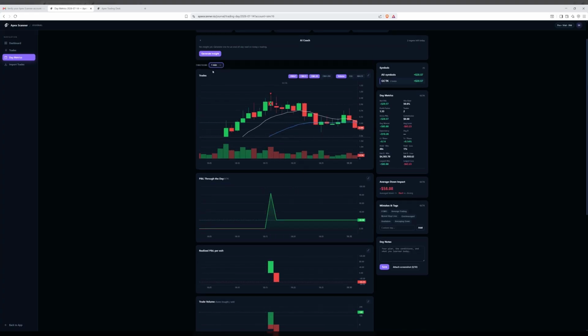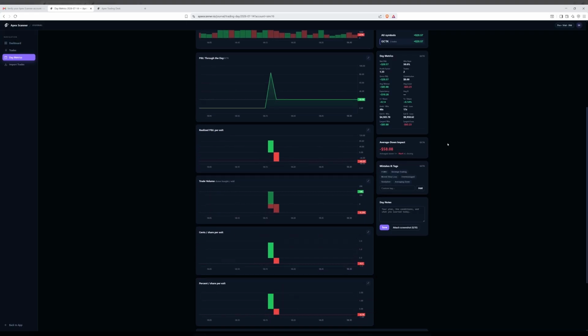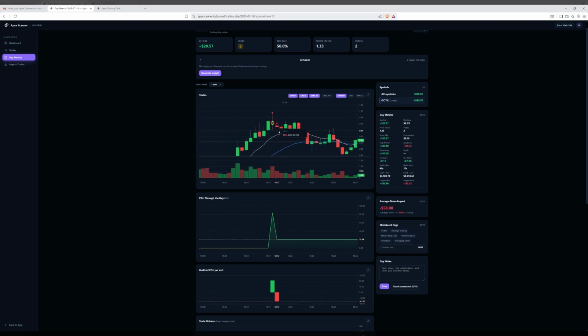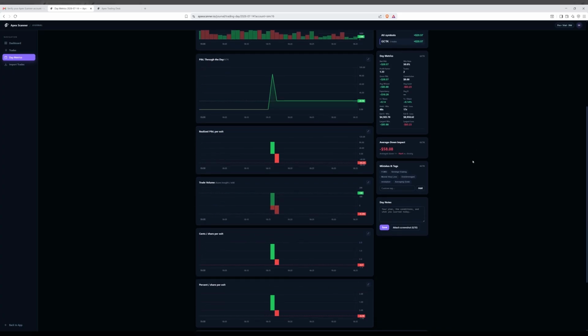You can also look at it on a 5-minute chart, 2-minute chart, 10-second chart, whatever you want. And you can also add your indicators, so if you've taken a position based on a support, you'll be able to look back and see if the actual position made sense when you're going through the journal and looking at your past trades.